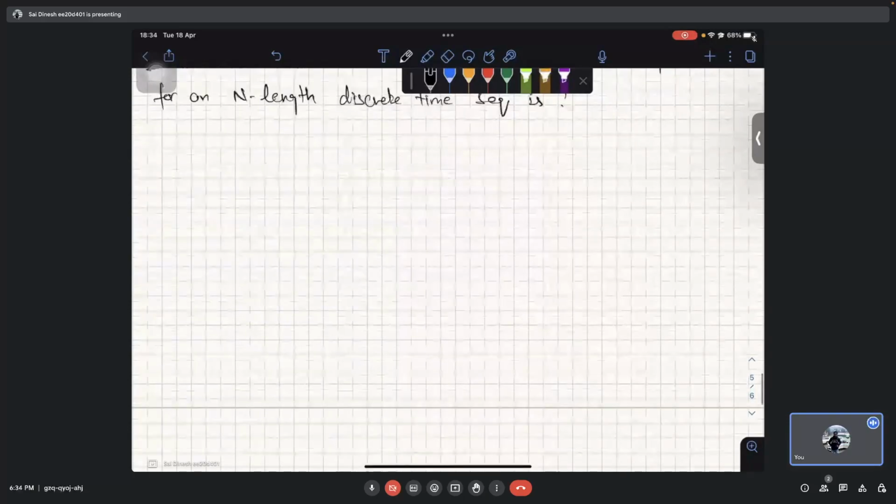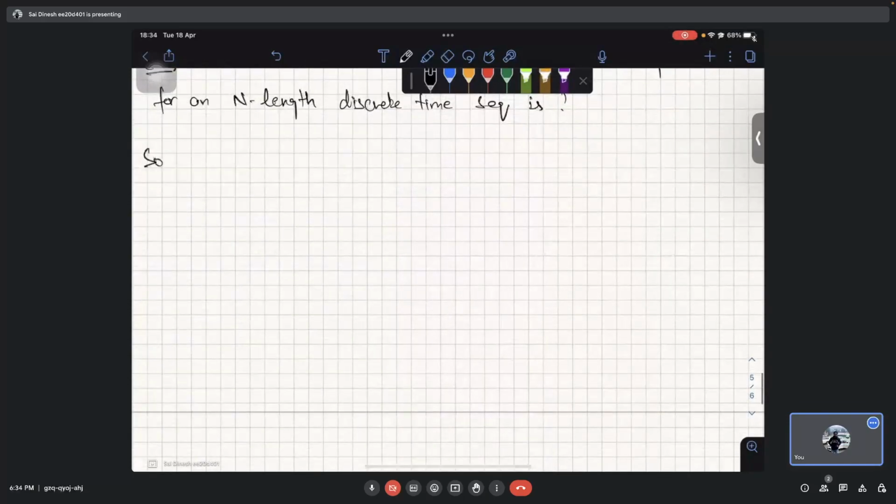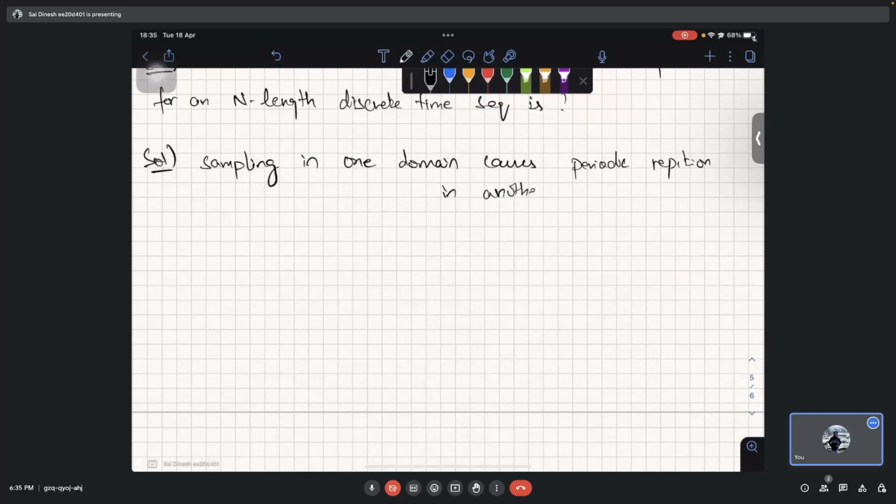So we have seen that sampling in one domain causes periodic repetition in another domain, right?